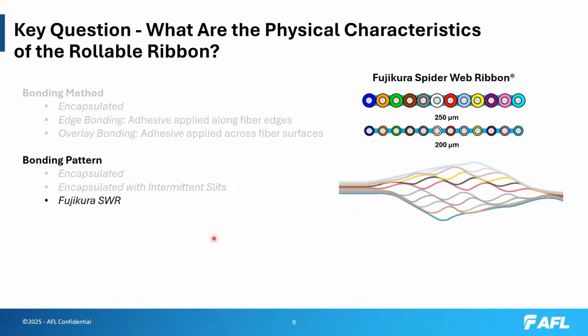I like to bring up the first rollable ribbon in the industry. It's Fujikura SWR, spiderweb ribbon. I can tell you that Fujikura's spiderweb ribbon is a rollable ribbon, but other manufacturers out there are not spiderweb ribbons. And the bonding pattern is unique. If you look at it, starting at the blue-orange, it is sequential.